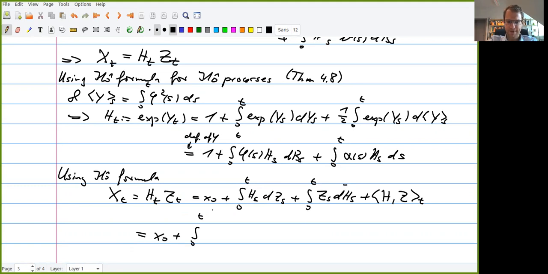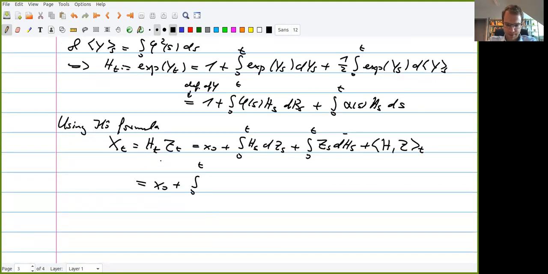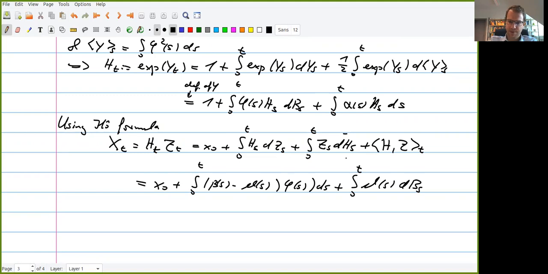Maybe give some more space. So what do I get? This is just plugging in all the definitions. Here we go: ds plus theta dB_s, right?